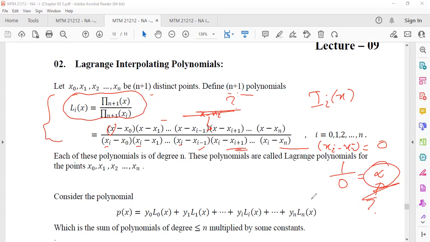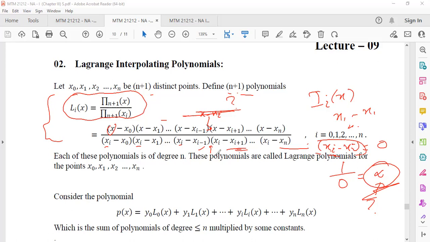So you have to be careful when you are writing, in the examination or for any purpose. That is one point you have to keep in mind: I don't get x minus xi at any point. For example, x1 minus x1, I won't get, or x2 minus x1 the next time. For L1, I go for x1; for L2, I need to go for x2. So I won't get something like this in my denominator.